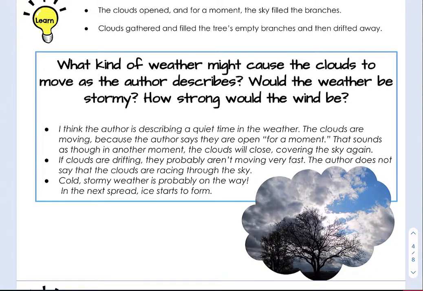Because the sun maybe peeked through the clouds for a little bit, but then the clouds cover up the sun again. If clouds are drifting, they probably aren't moving very fast. The author does not say that the clouds are racing through the sky. Cold, stormy weather is probably on the way. In the next spread, ice starts to form.